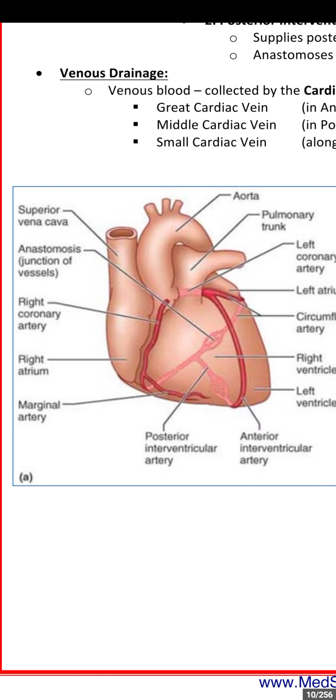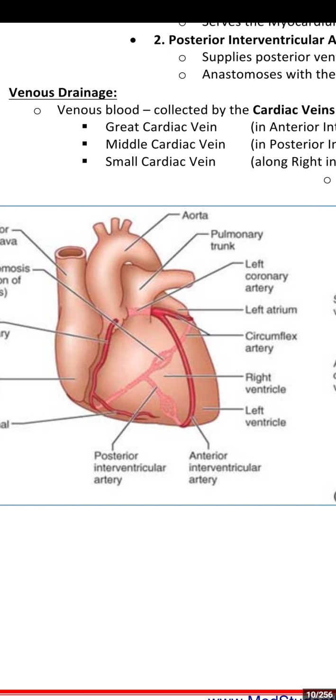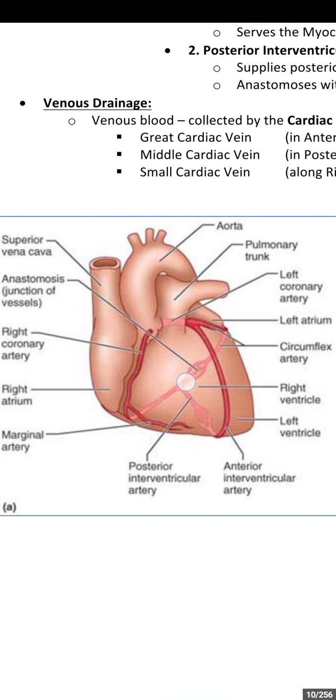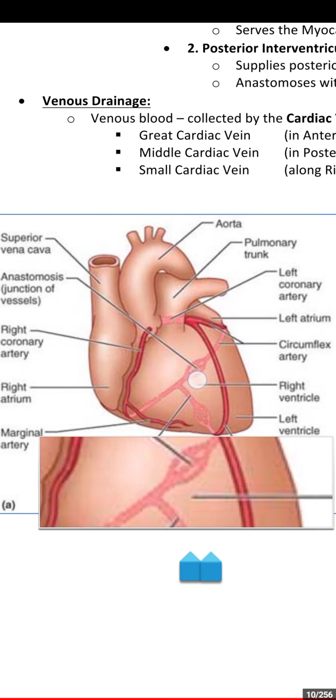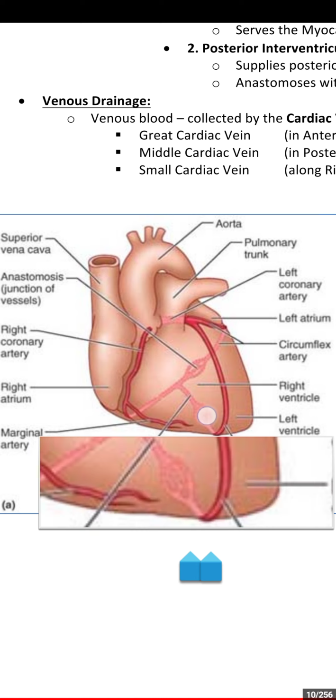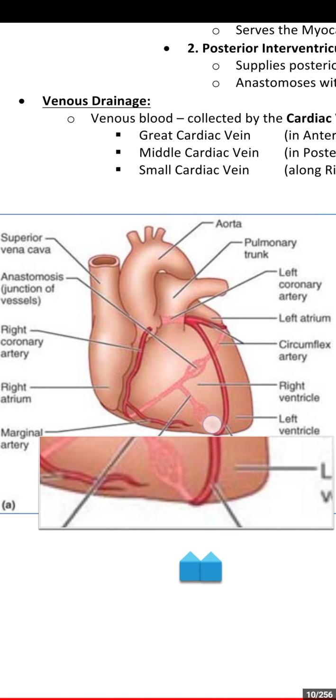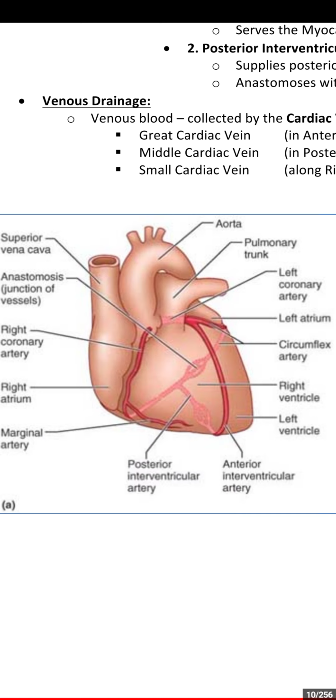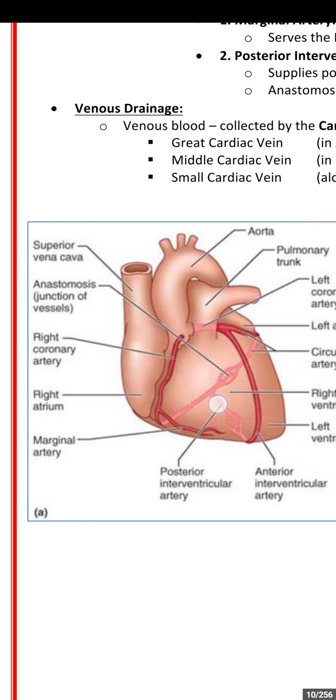So the posterior intraventricular artery contains two vessel junctions, two anastomoses.